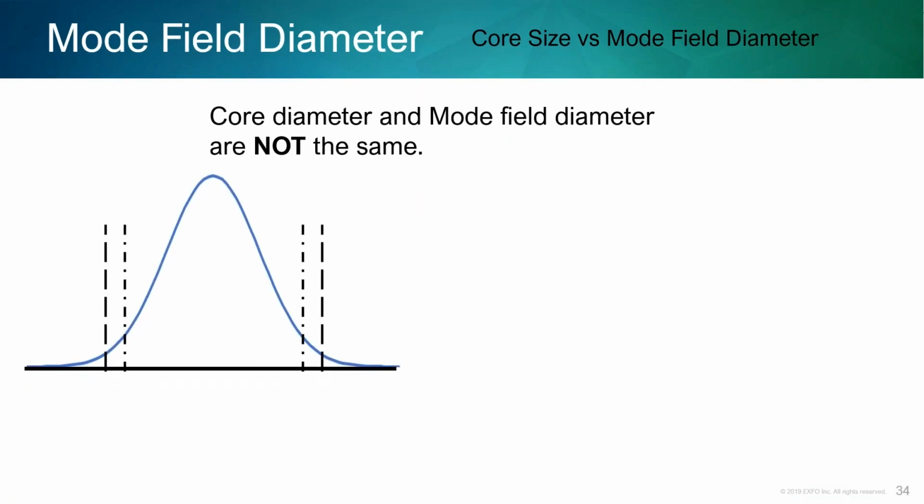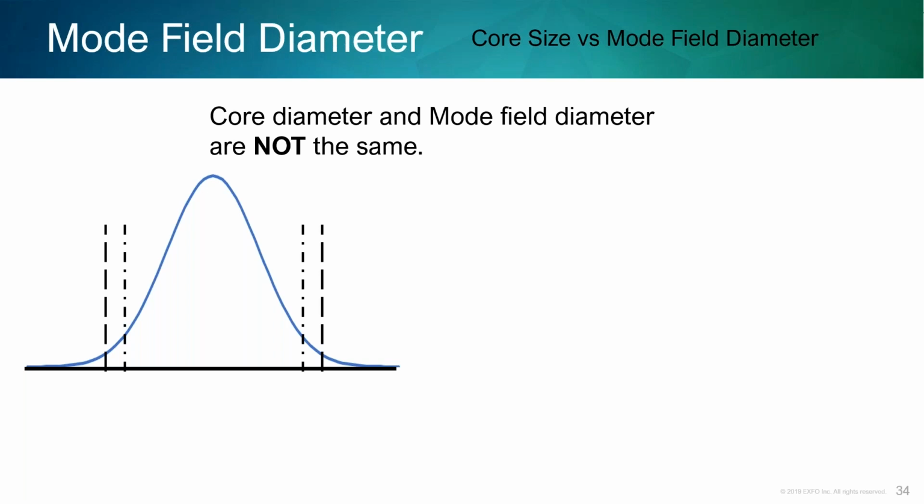So if you're splicing G.652 glass, standard fiber, to, say, G.655 non-zero dispersion fiber, the kind of long haul fiber, they have different core sizes, so you'll see this. But we're seeing this a lot more with fibers that have the same core size, just different mode field diameters. And where we see that the most is bend insensitive fiber.